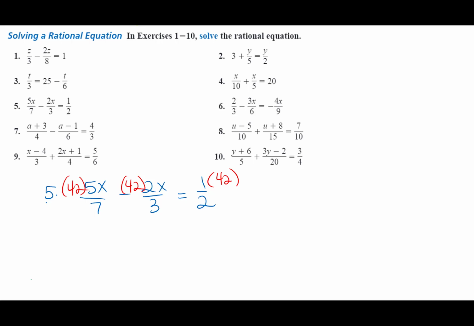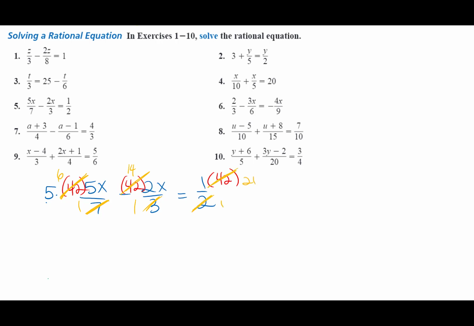And so I want to show you this shortcut: before you multiply 42 times 5, you can go ahead and simplify 42 and 7 to be 6 and 1. So look at the second fraction. We can simplify 42 and 3 to 14 and 1, and then 42 and 2 to 21 and 1.